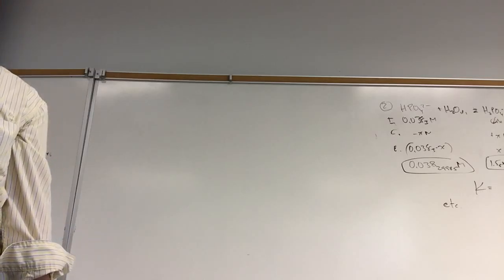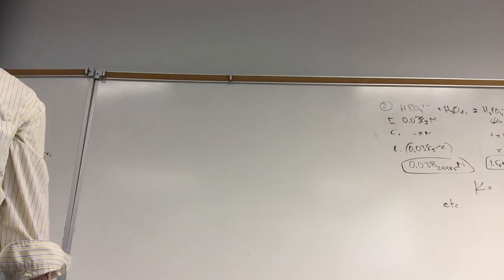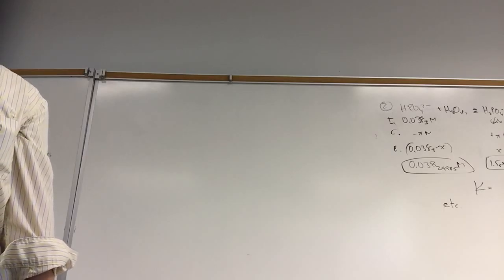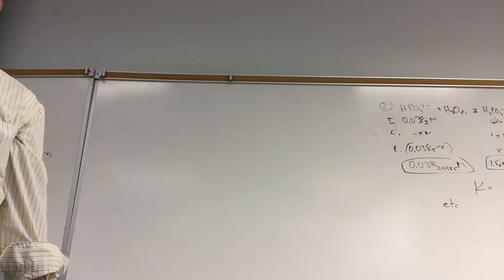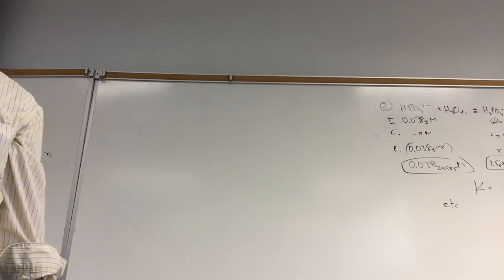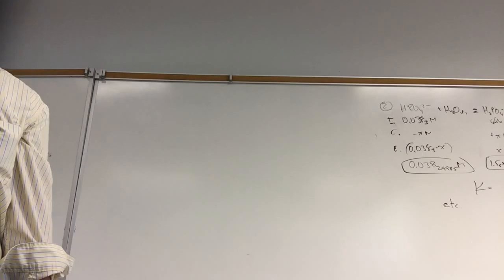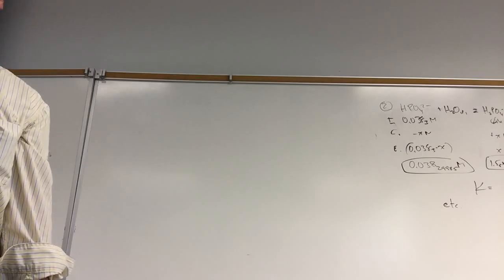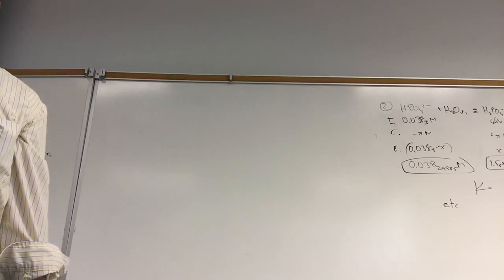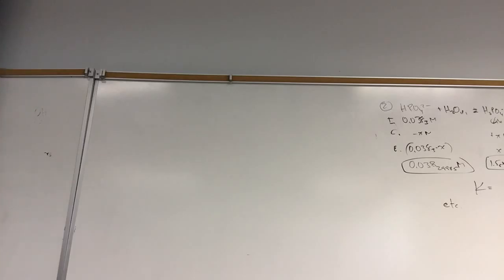Electron pair acceptor. Did you read that last section on Lewis acid bases in the book? What else did they cover? Hard, soft. Did they cover hard soft? I want you to know hard soft. But did they cover hard soft in the book? No. And so what you should know is this.